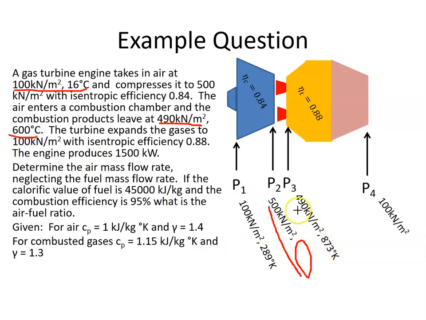Again, we just changed the temperature to Kelvin, and we're given the pressure at the engine outlet, but we're not given the temperature, so we're going to need to calculate that. We're also given the efficiencies. Okay, so first thing to do is calculate the temperature of the compressor outlet, and then we'll calculate the temperature of the engine outlet.